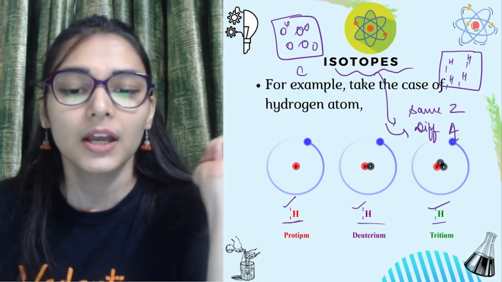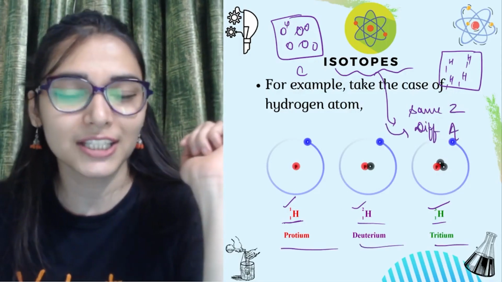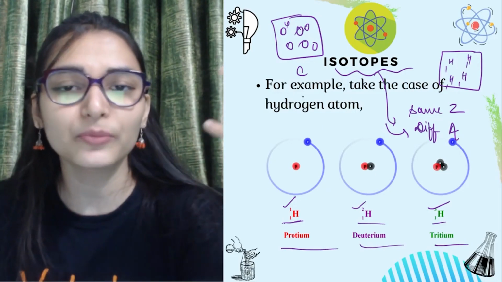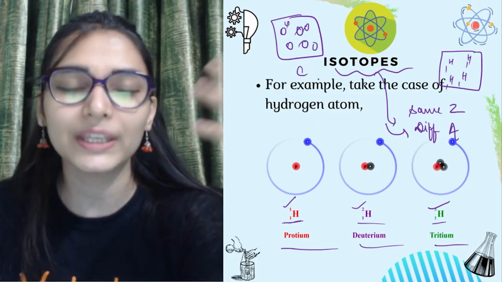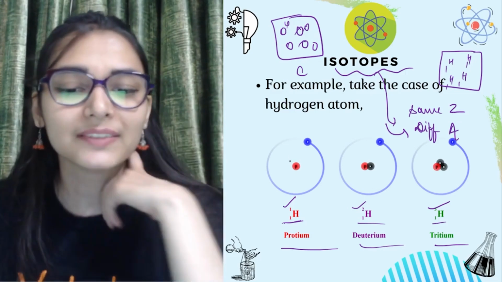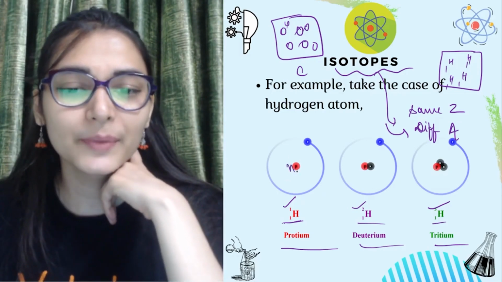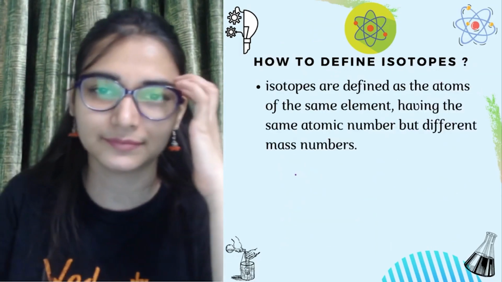Okay. Protium, deuterium, tritium. And also कभी पूछे name an atom which doesn't have any neutron. कोई ऐसा element का कोई atom, that is protium. Protium में there is 0 neutron.